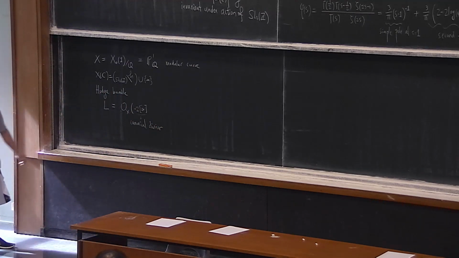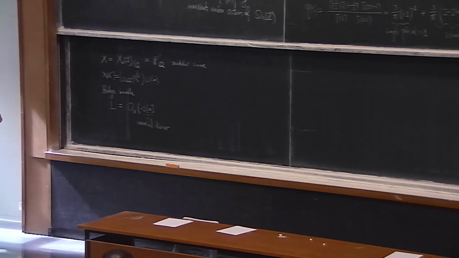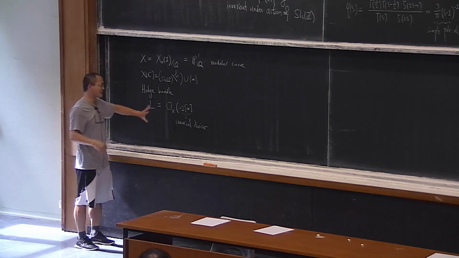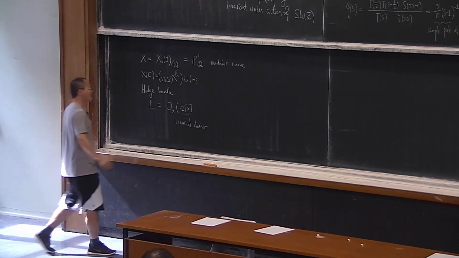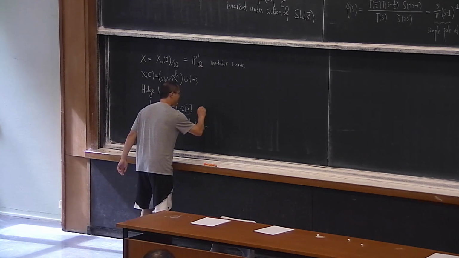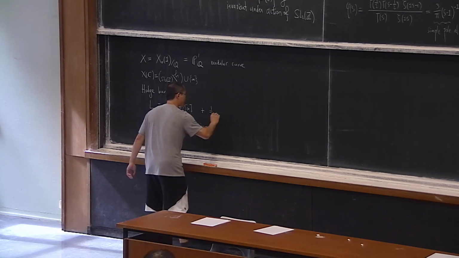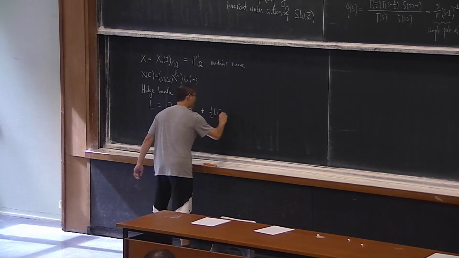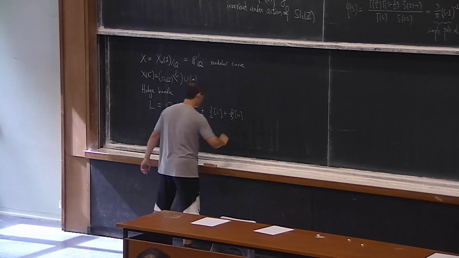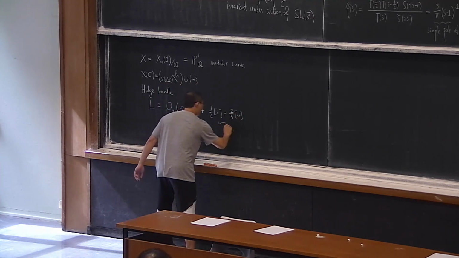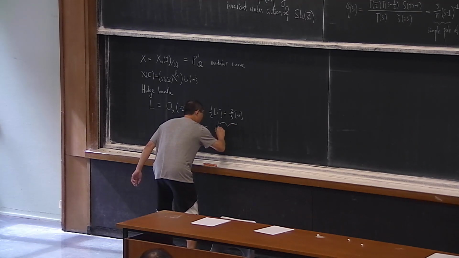This is part of the canonical divisor. But this L is not exactly the canonical divisor. We need to modify it by those ramification points. So the modifications are we plus 1/2 of i plus 2/3 of omega. So these are elliptic points.